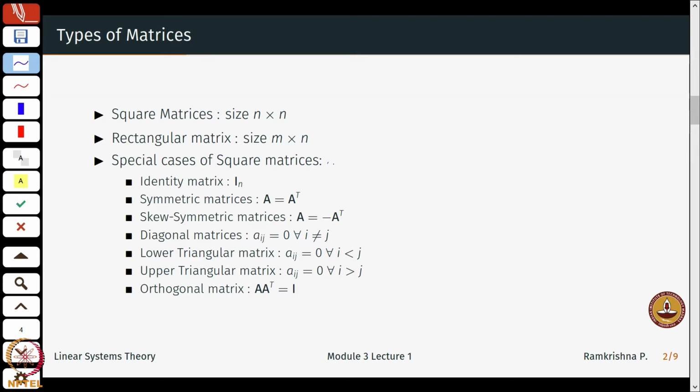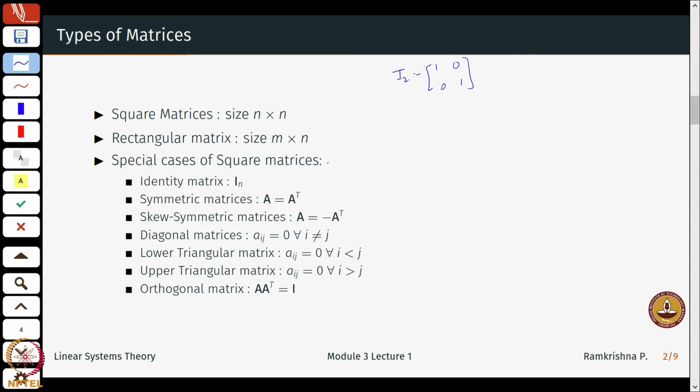So, first is the identity matrix. We will denote it as I_n, which means an n cross n identity matrix. A typical I_2 would look like 1 0 0 1, and we will just try to memorize this notation.